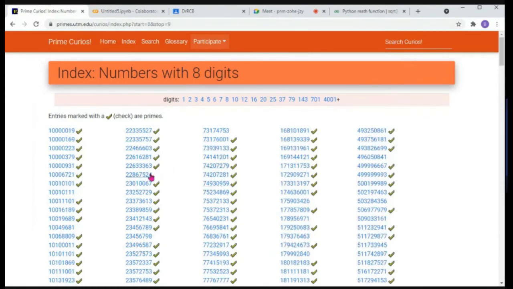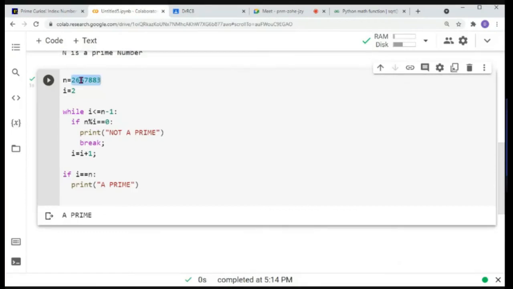Just to make things a bit more detectable, I took an 8-digit number now. Say I take an 8-digit prime number, and I give this number to my program. Let's see how much time my program takes, based on this logic, to determine if the number is a prime or not.